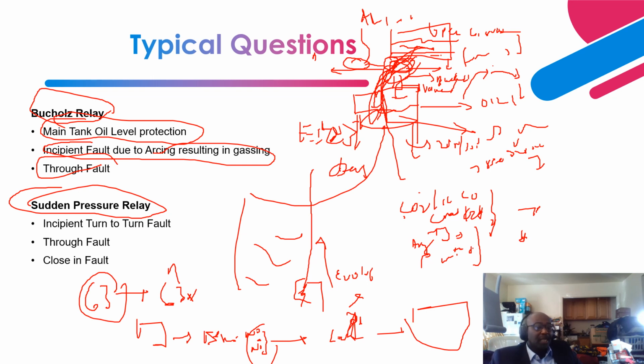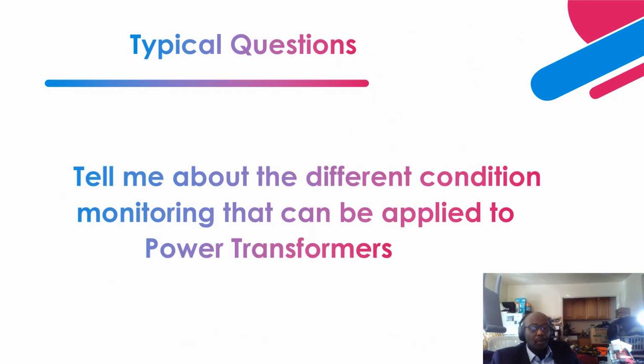So it covers a through fault and a closing fault, and also an incipient fault or strand fault, a broken connection fault, that the differential cannot see. That is when the sudden pressure relay activates.